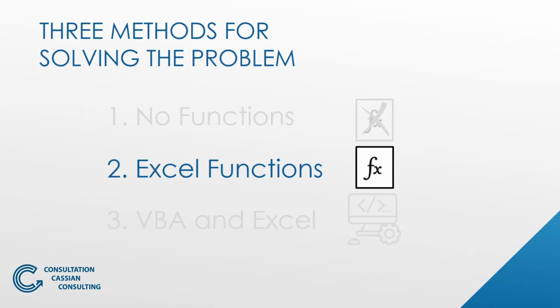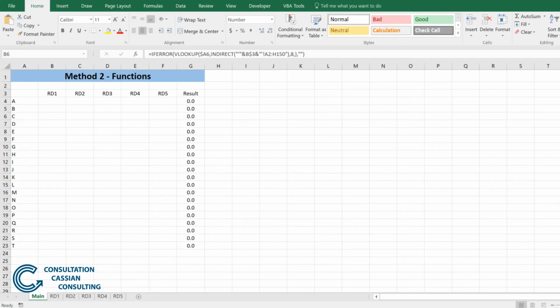For method 2, we are creating a template with advanced formulas. The formulas for task 1 and 3 are already created in this template. For task 2, we will need to copy and paste the formula since the number of lines per section varies. So let's begin.